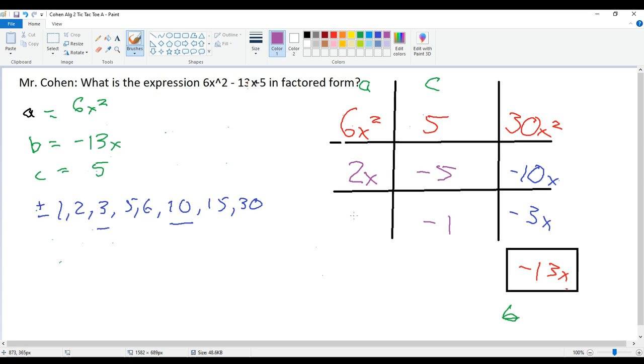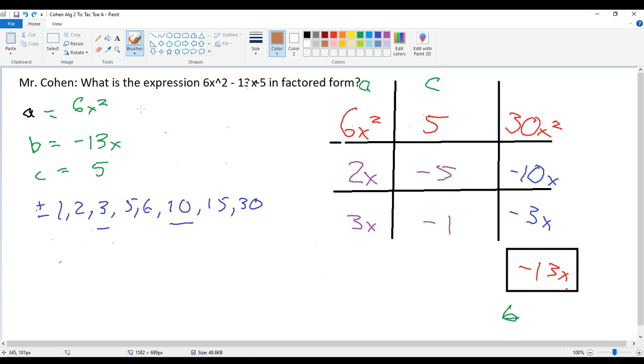And if I go across here, 3x times negative 1 is negative 3x. I'm making a mess, so let's erase some of that or undo it. Control Z, Control Z. All right, they're gone now.